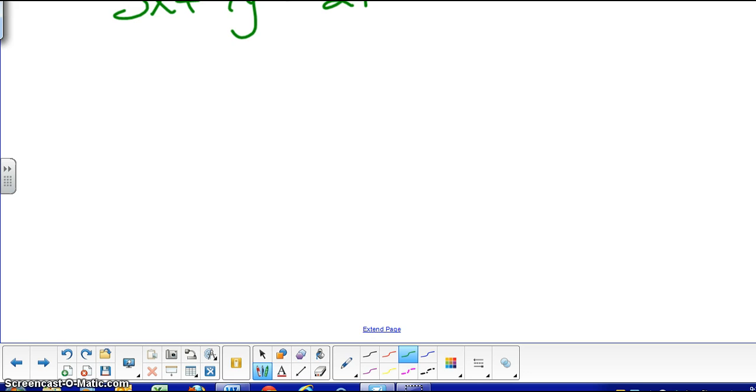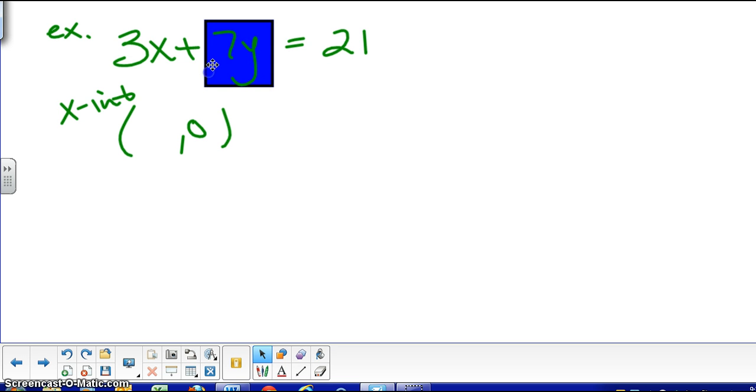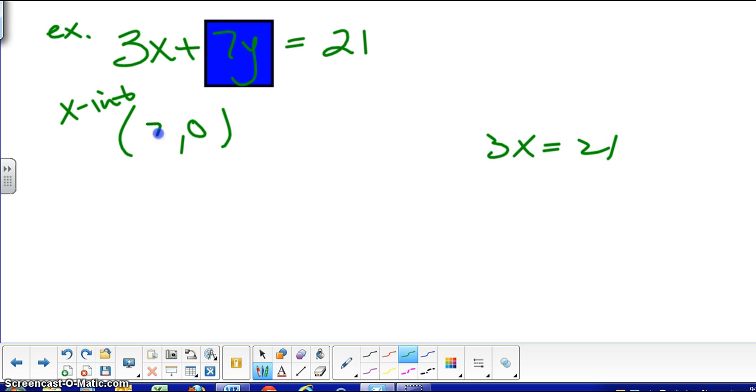Alright, now that you're back, for the x-intercept, we're going to plug 0 in for y. So we're going to cover up the 7y. What's left over is 3x. 3x equals 21. What's the value of x? 7. So that's going to be our ordered pair.